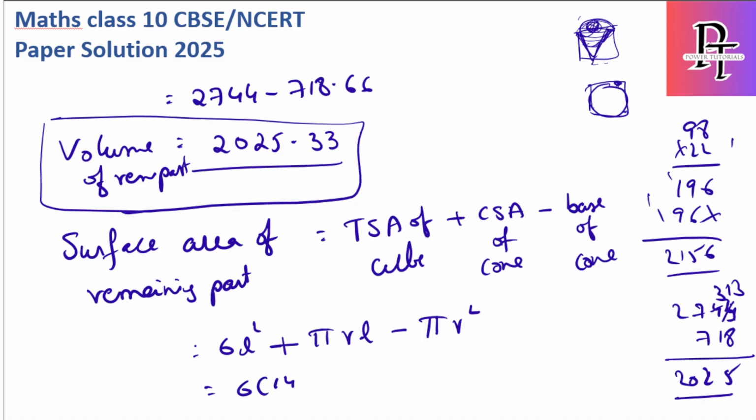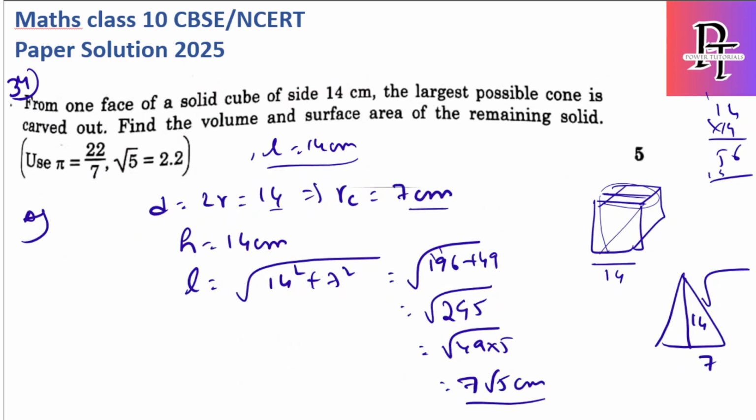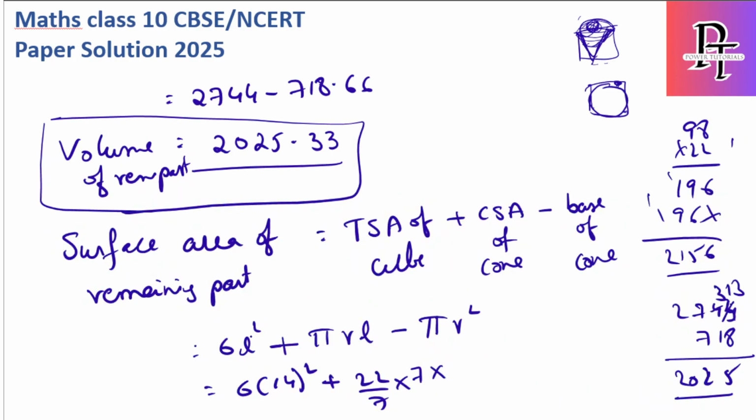6 into 14 square plus pi is 22 by 7, r is 7, and L we got as 7 root 5. I'll write the value here itself, 7 into 2.2, which is 15.4 centimeters, into 15.4, minus pi which is again 22 by 7 and r value is 7 into 7.